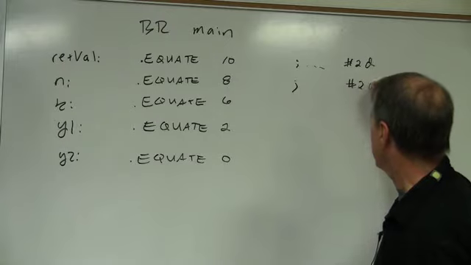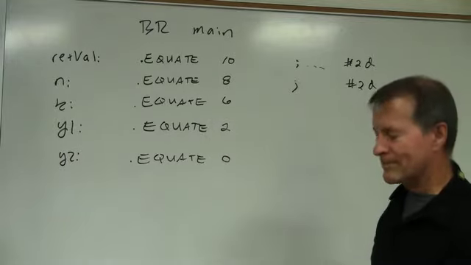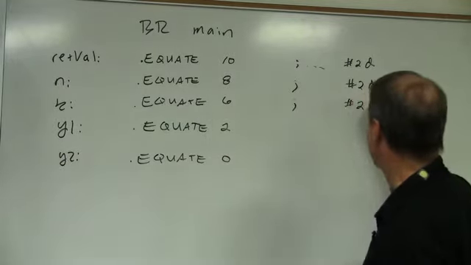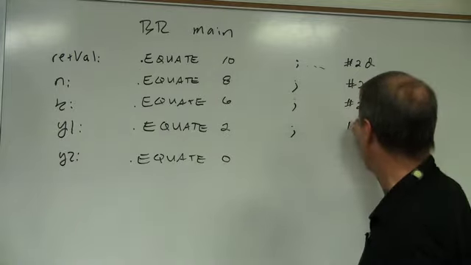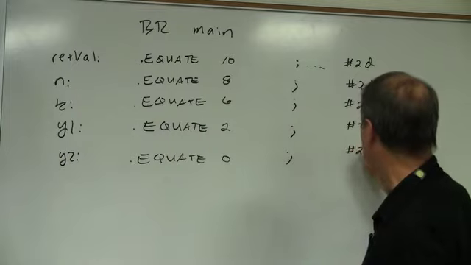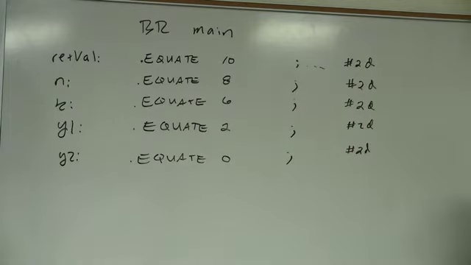K is also pound 2D. They're all pound 2D, pound 2D, pound 2D. I was thinking about the return address, but that's automatically done in hex by the system.